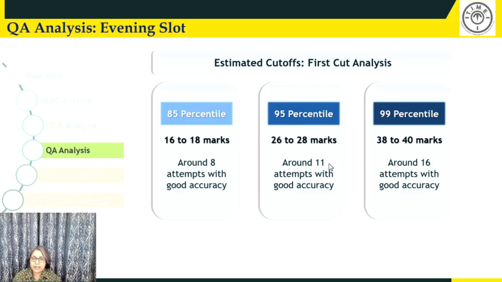About 11 attempts with about 8 to 9 right should get you about 95 percentile, and 16 attempts with about 11 to 12 right, 12 to 13 right actually, should get you to 99 percentile. But it is very much possible for a student who has practiced well to hit the 14-15 mark attempts also in the quant section.